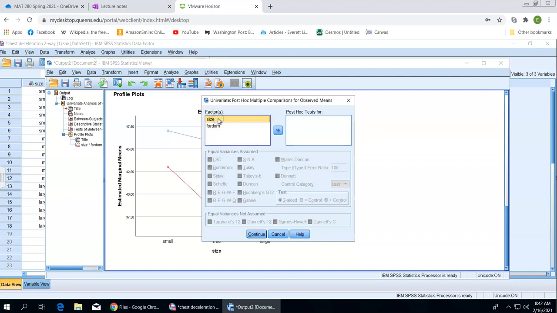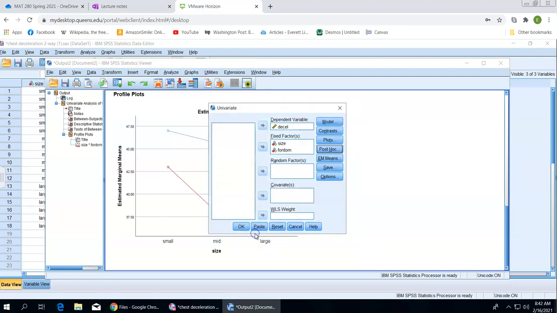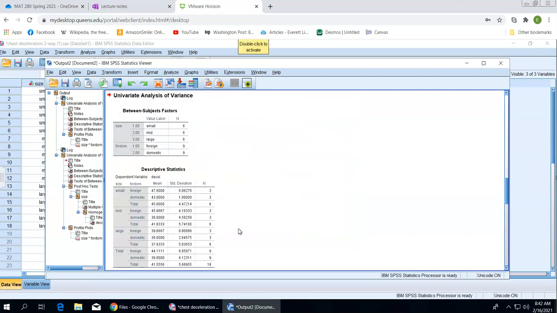But say size had come out to be statistically significant. It's got three or more levels, so we'll run our post hoc for that. We'll take that, move it over, pick Tukey, click Continue, and click OK.